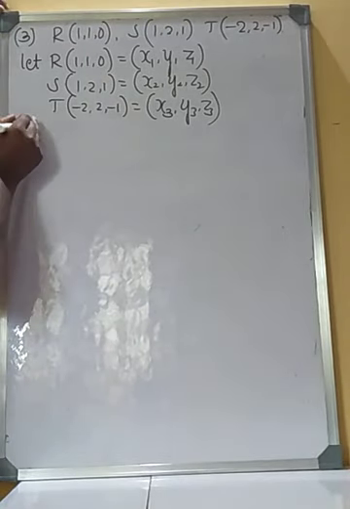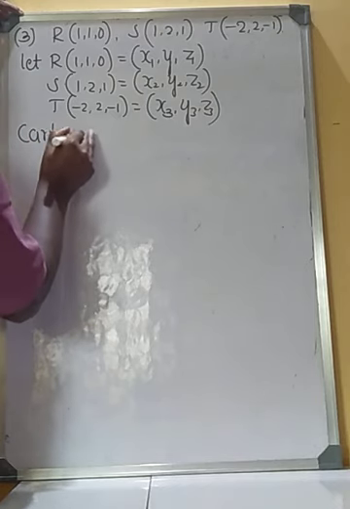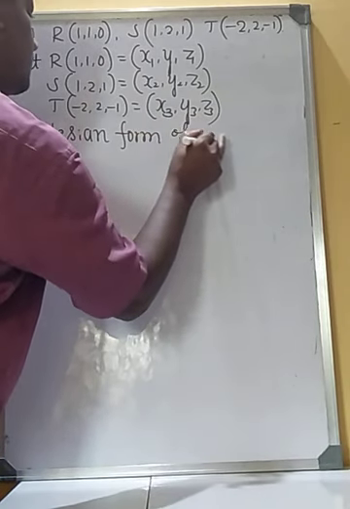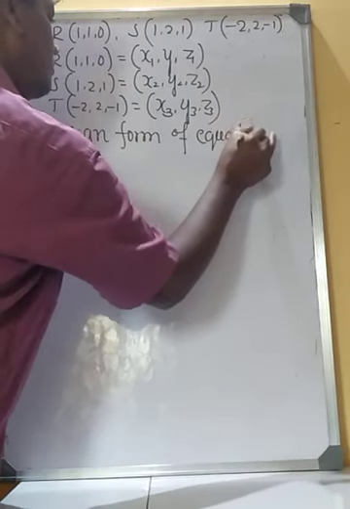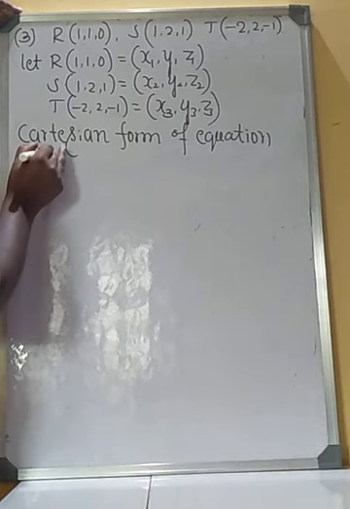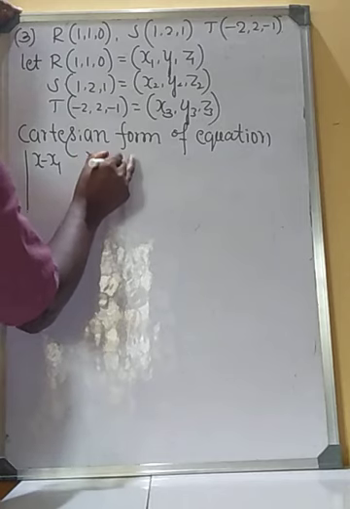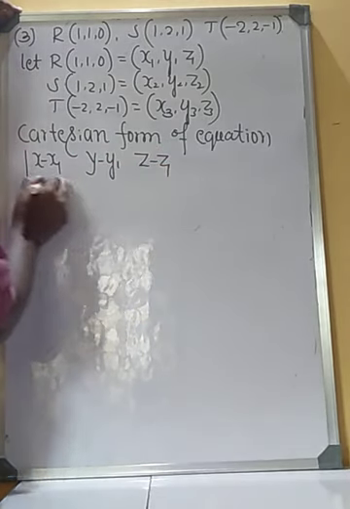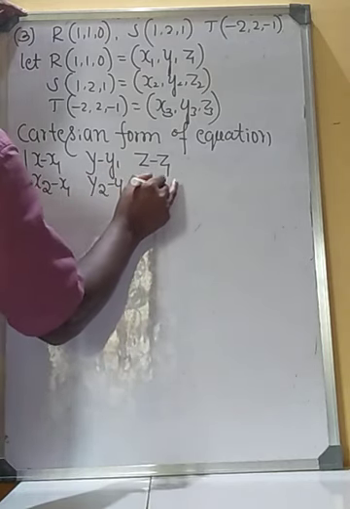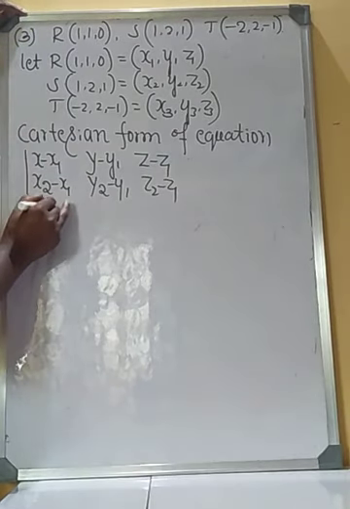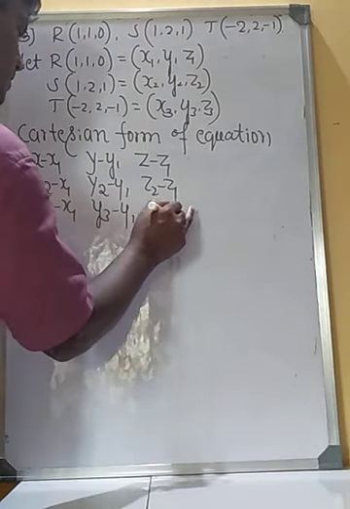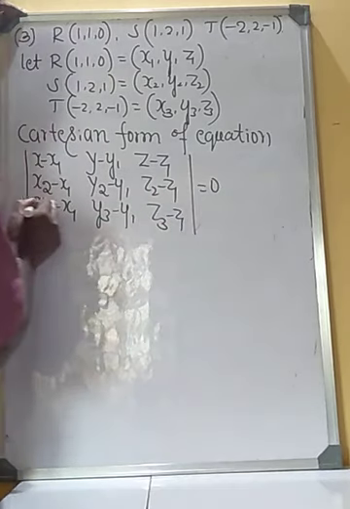Now the Cartesian form of the equation is the determinant of x minus x1, y minus y1, z minus z1; x2 minus x1, y2 minus y1, z2 minus z1; x3 minus x1, y3 minus y1, z3 minus z1, equal to 0.